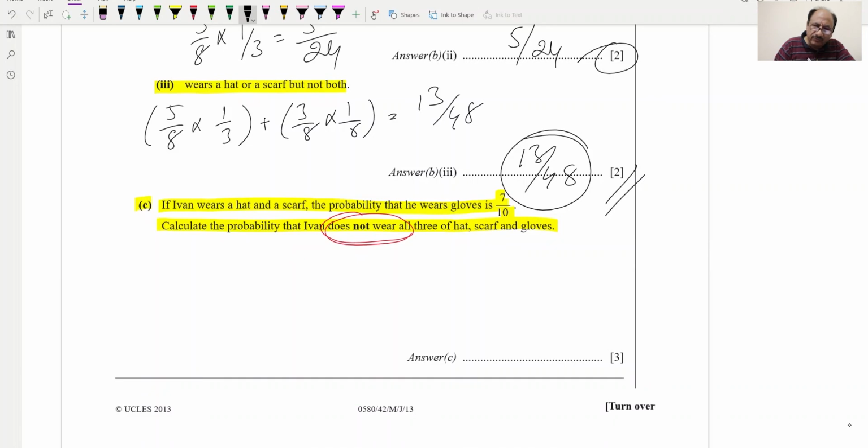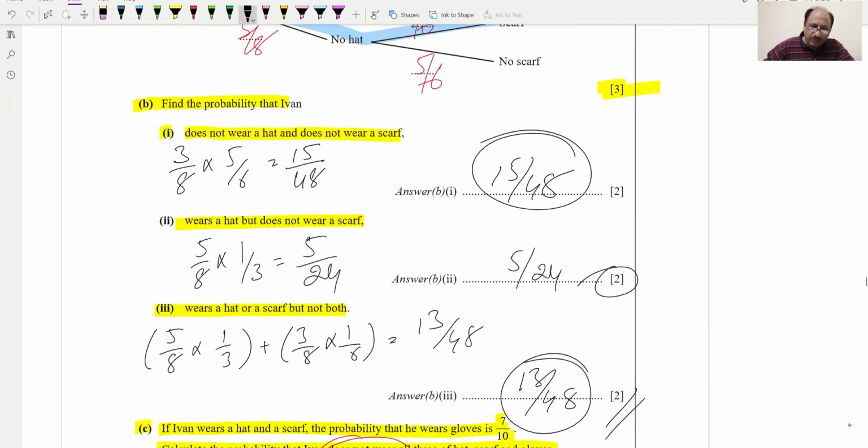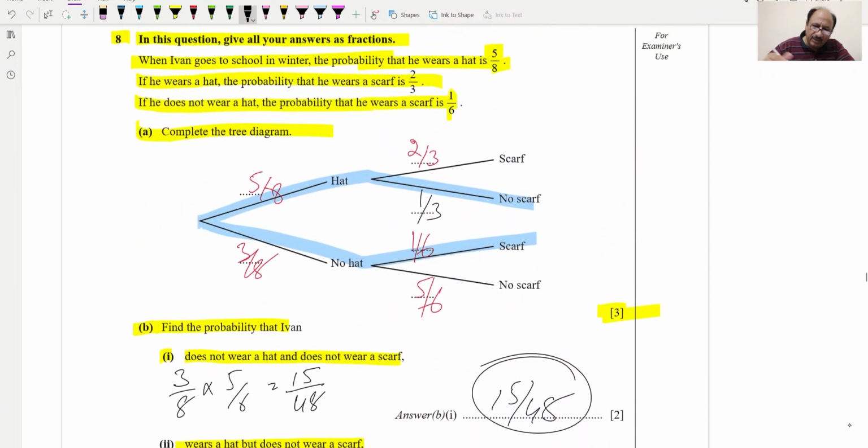All three will be 10 by 24. 10 by 24 will be wear gloves and wear hat, basically hat and scarf.